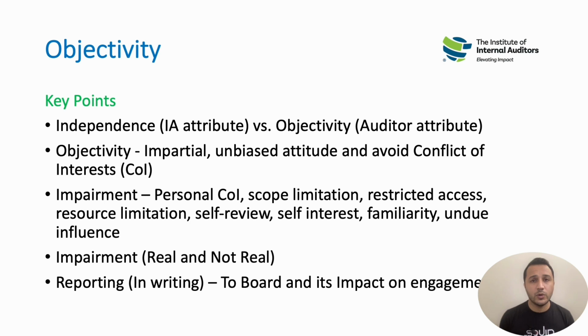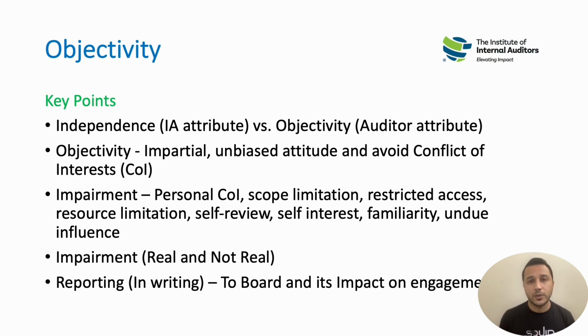Familiarity could be a familial relationship, where you have a family relationship within the company with someone, or you become too close, or you have to audit a department where your best buddy is and you compromise on your objectivity. Undue influence is where you are being threatened that if you highlight certain issues, you will face negative consequences, or your promotion will be restricted, or you will face any other kind of direct or indirect threats.